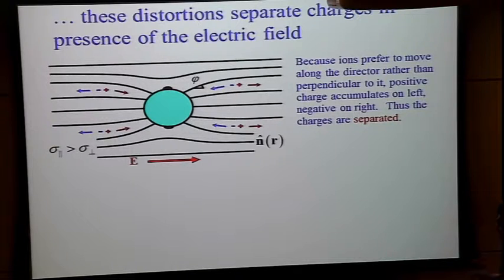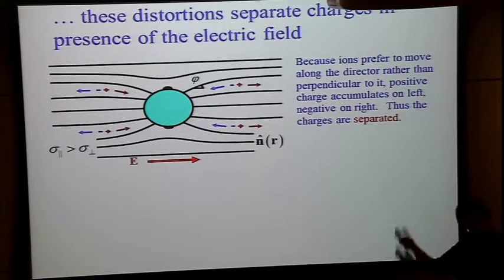When I apply the electric field, the ions move, positive to the left, negative to the right, according to the direction of this field. But the problem is that the director lines are curved, and these ions are like trains that follow the railroad produced by the director.